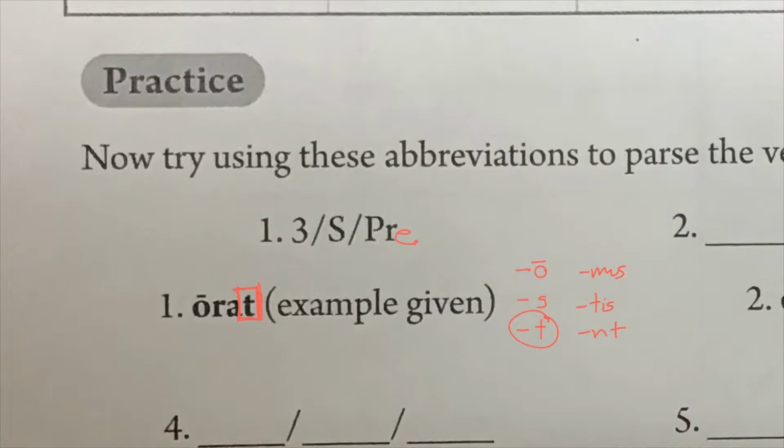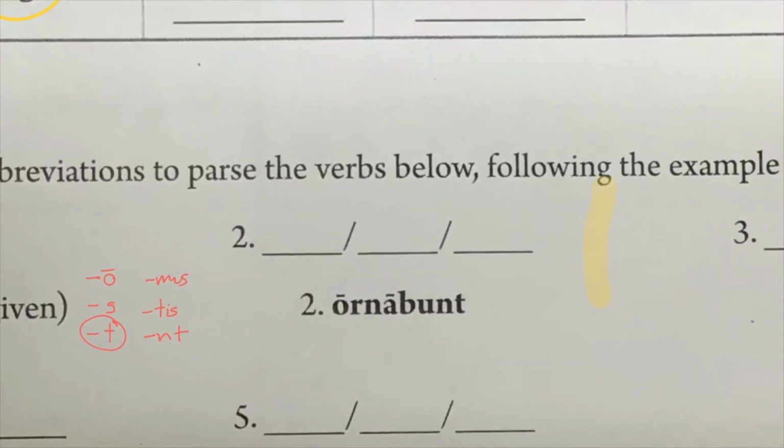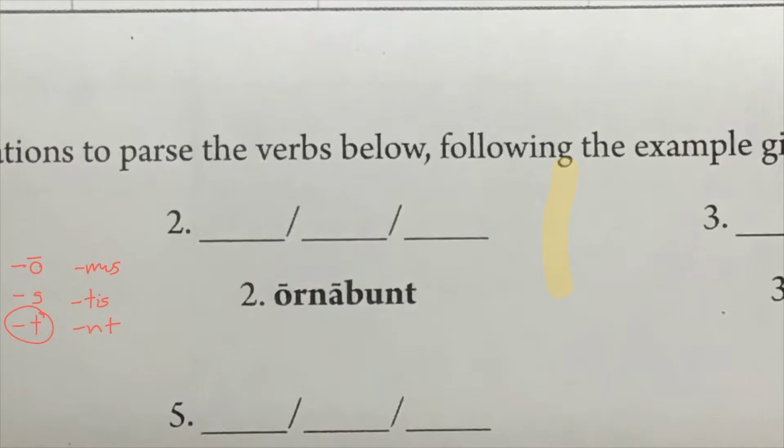Now, our second verb is the verb ordinabunt. And to identify the ending, we find it right here, bunt, B-U-N-T, ordinabunt. Now, bunt comes from our future tense endings, which we've learned as bo, bis, bit, bimus, bitis, and lastly, bunt, which is the ending that we're actually looking for.